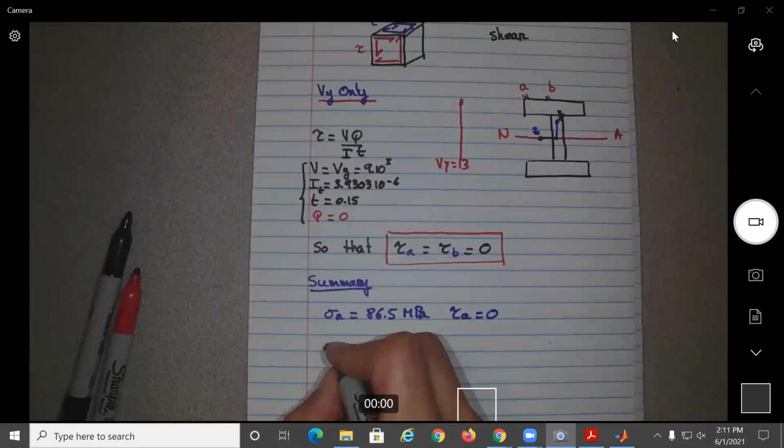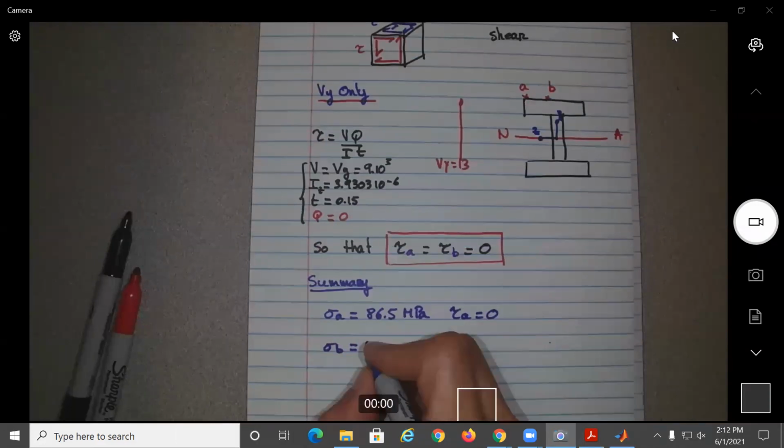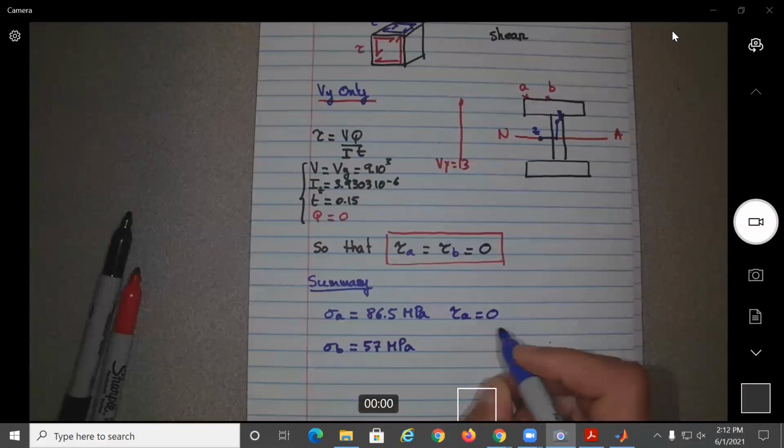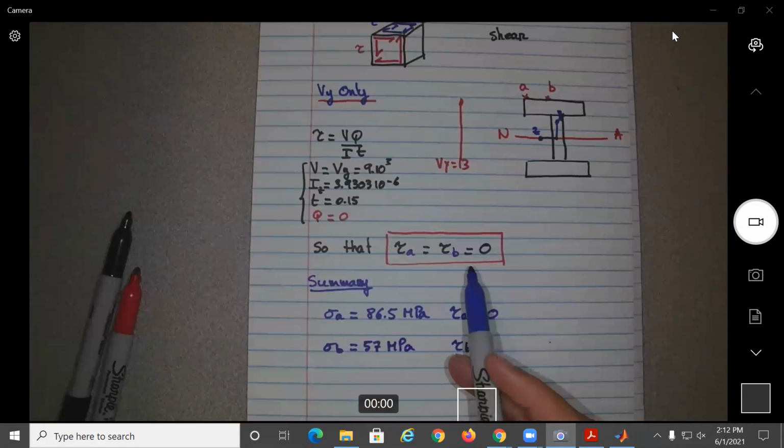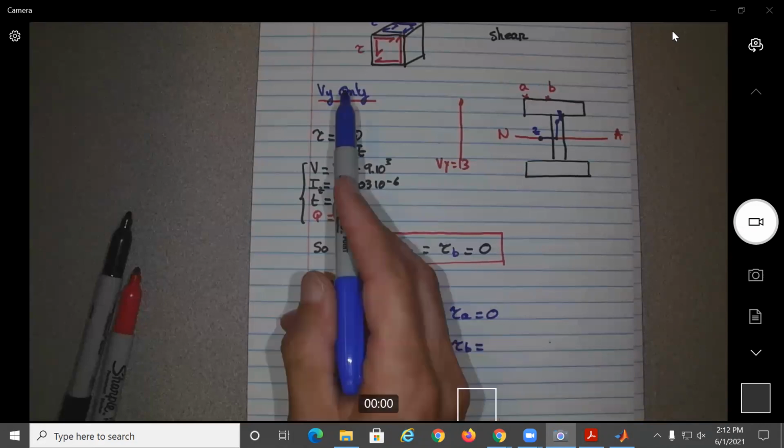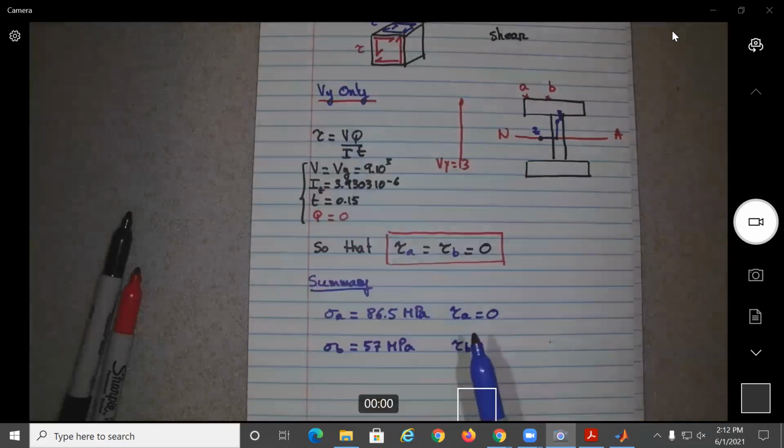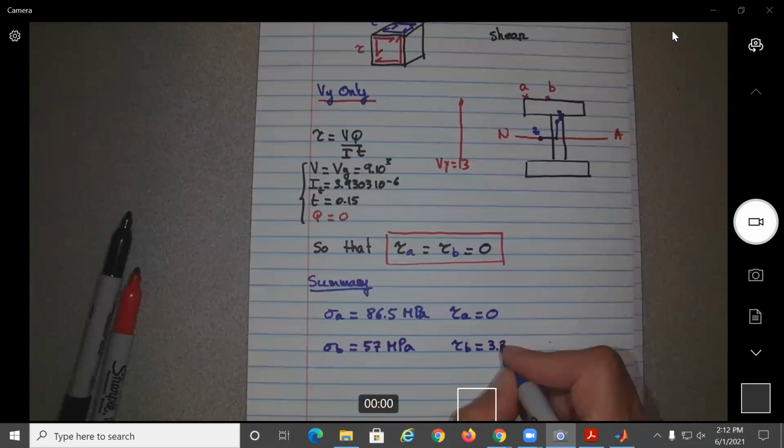At point B, we found the normal stress to be approximately 57 megapascals. And the tau sub B will be just the tau sub B due to the VZ load, the one we calculated before, equal to 3.32 megapascals.